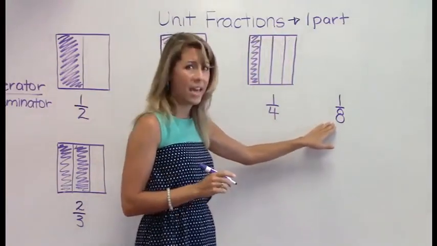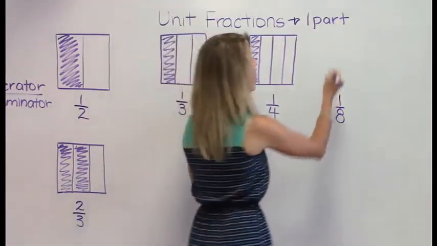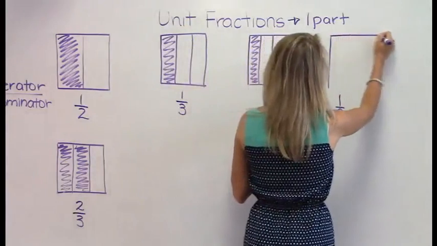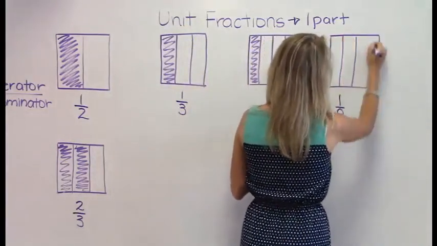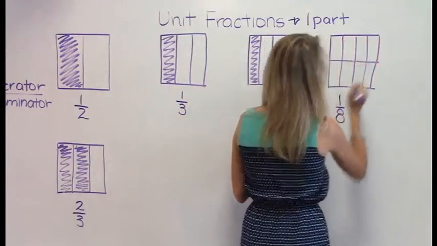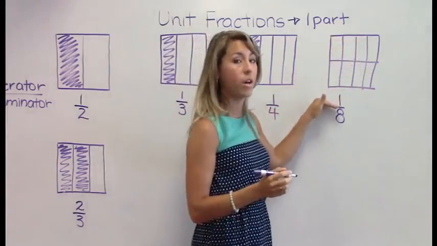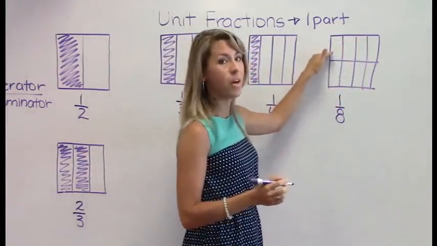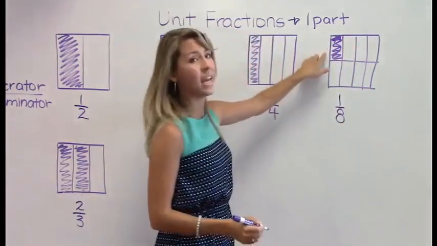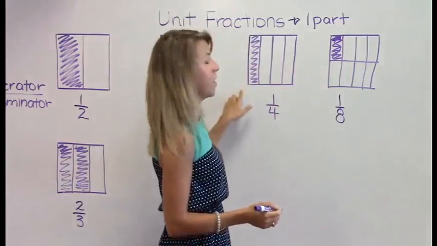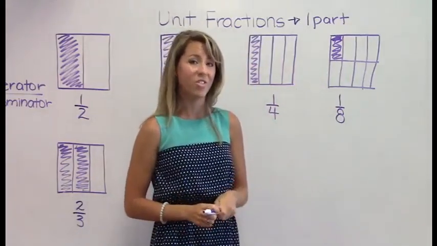You might think 8 is larger than 4, which is true, but 1/8 means that a whole would have to be split into 8 equal parts, making the number of parts larger, but the size of each part a little bit smaller. We can see that 1/8 is smaller than 1/4. This is how our students learn to understand unit fractions in 4th grade.